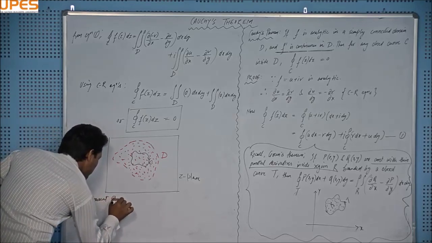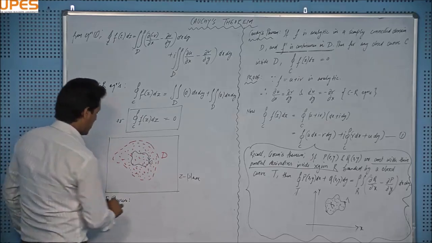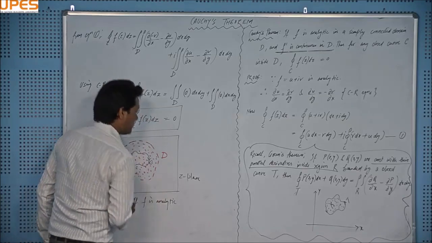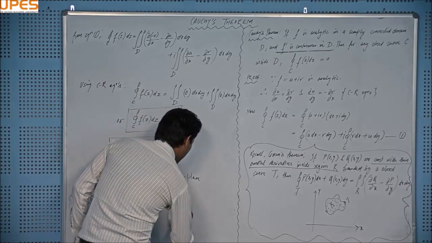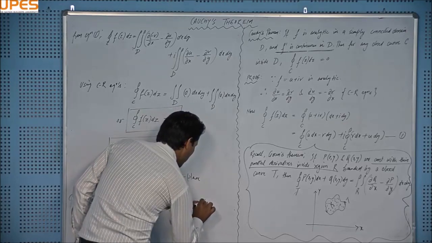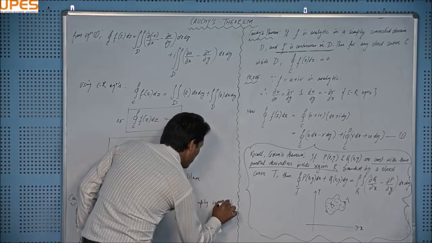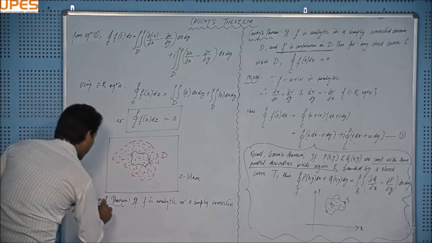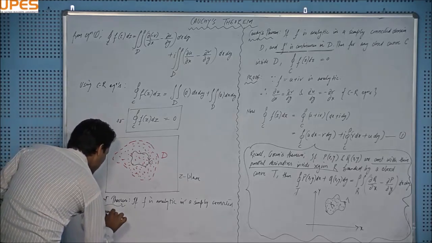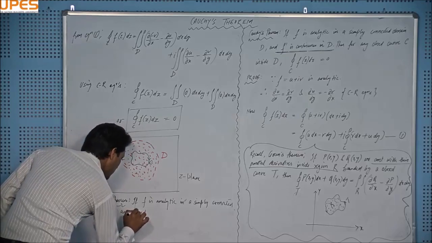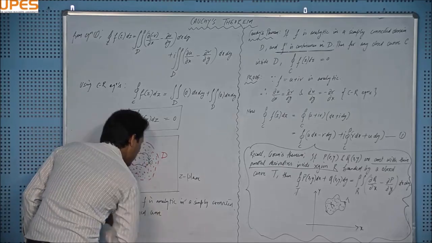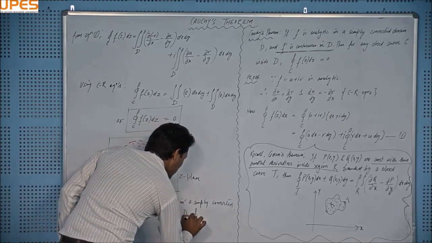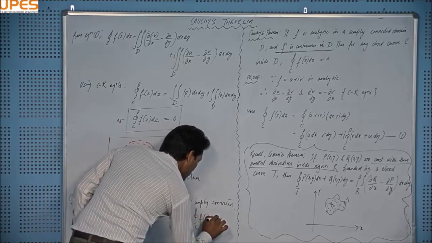Cauchy-Goursat theorem, and it says that if f is analytic in a simply connected domain D, then for any closed curve inside D, its line integration is 0.